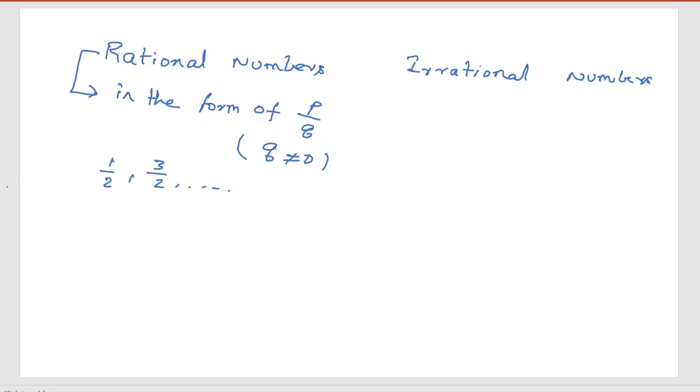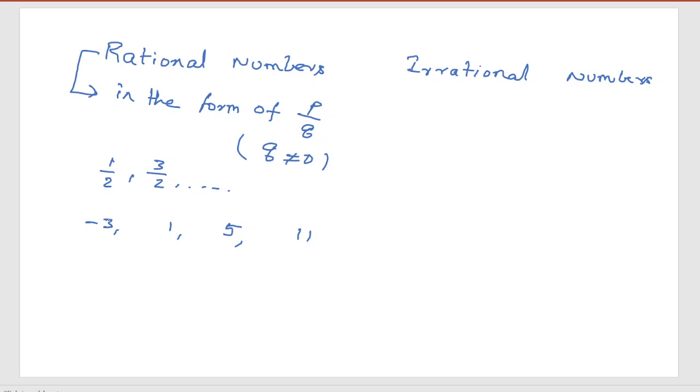If you recollect the integers, some integers are -3, 1, 5, 11, and so on. All these integers are rational numbers with denominator 1.